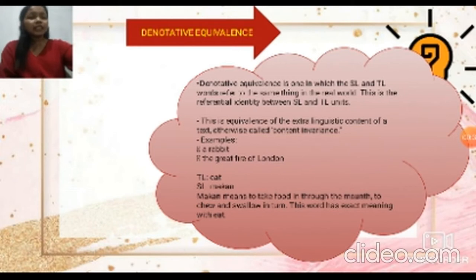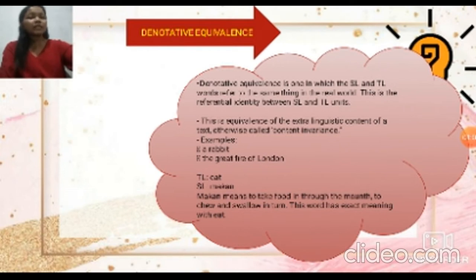And then, denotative equivalence is equivalence of the extra-linguistic content of a text, otherwise called content invariance. For example, a rabbit, the Great Fire of London. And the second example, for the target language, eat.